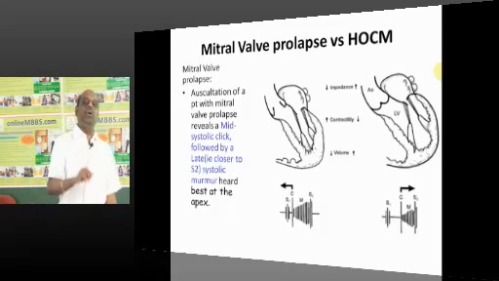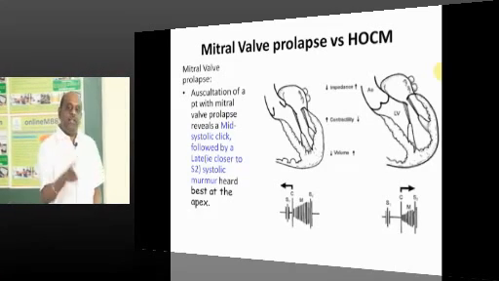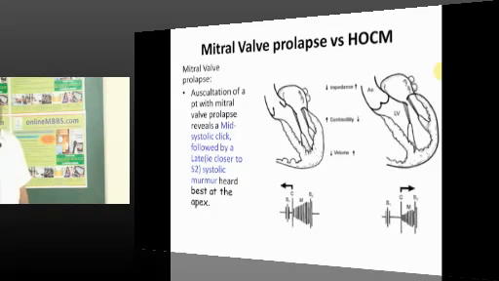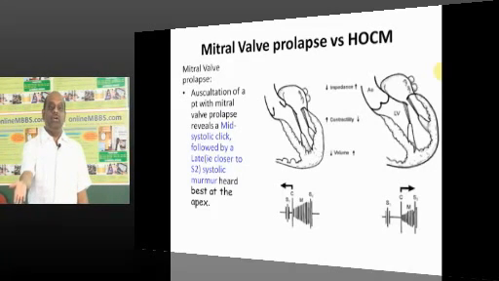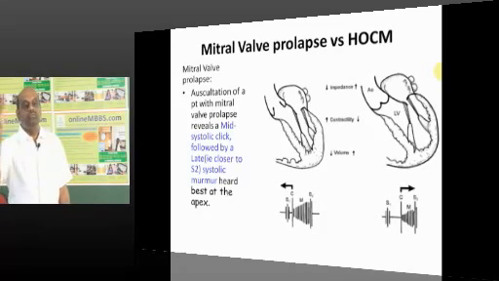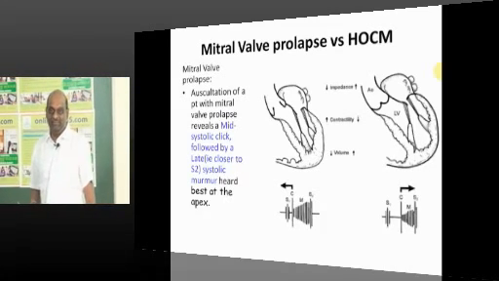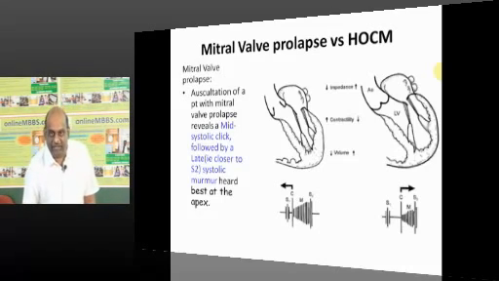So if you want to know whether this is a systolic murmur due to MVP or due to HOCM, what you need to do is increase the afterload of the patient and see. If it is MVP, the systolic murmur will worsen. If it is due to HOCM, it will improve. So that is how you differentiate, by increasing afterload.